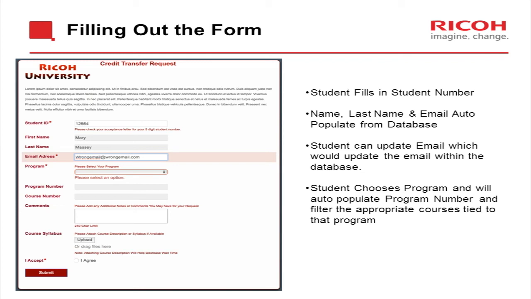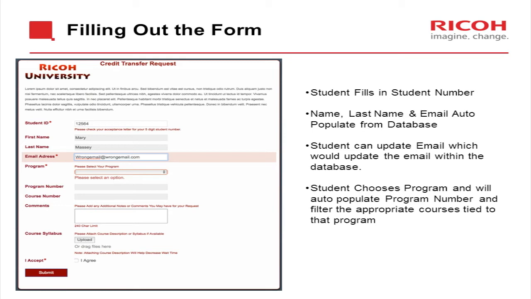The first step in the process is to present the user with a simplified web form, in this case for a credit transfer request. The student would interact with this web form, which is highly customizable to meet the particular college or university's color scheme and look and feel, and can be a standalone screen or integrated with the student portal.